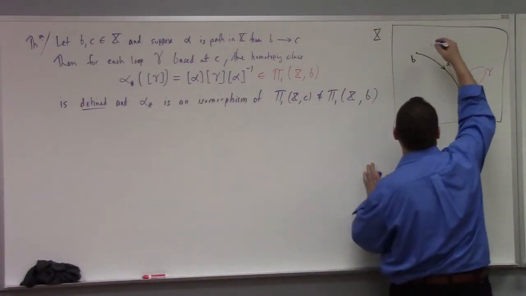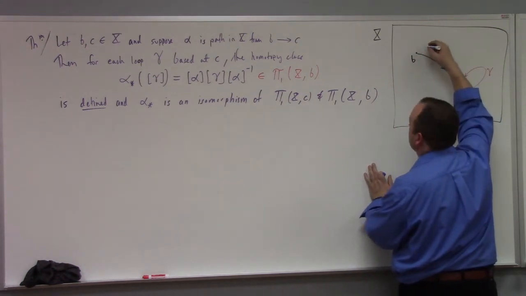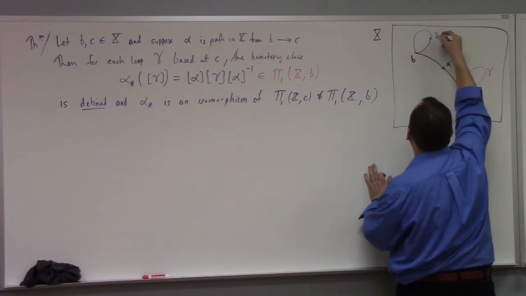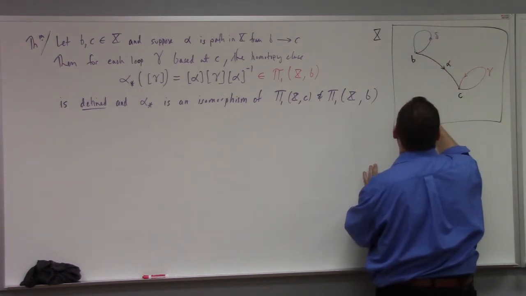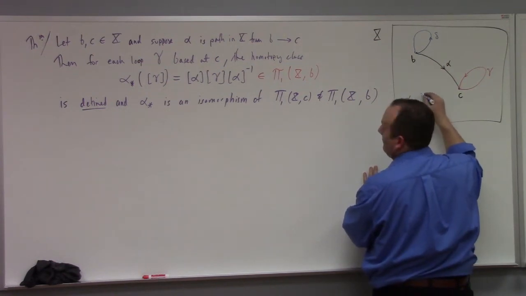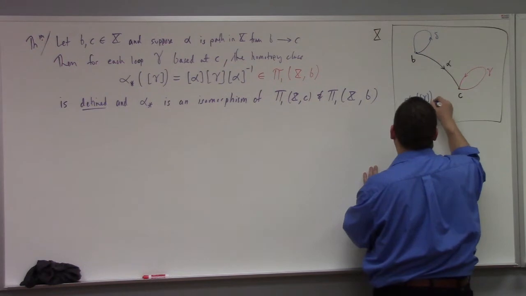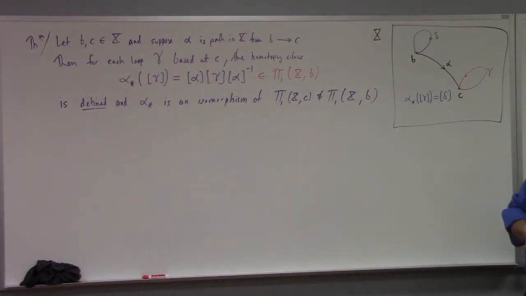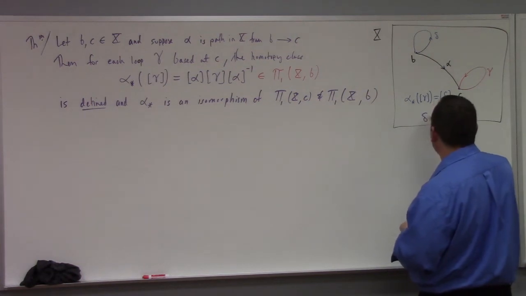What he's saying is that there's, let's say, delta such that alpha star of gamma is equal to the equivalence class built from delta. And what is delta? We can write a formula. Delta equals what?